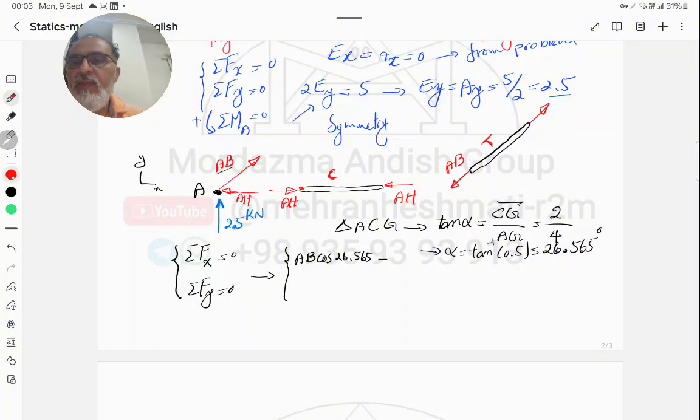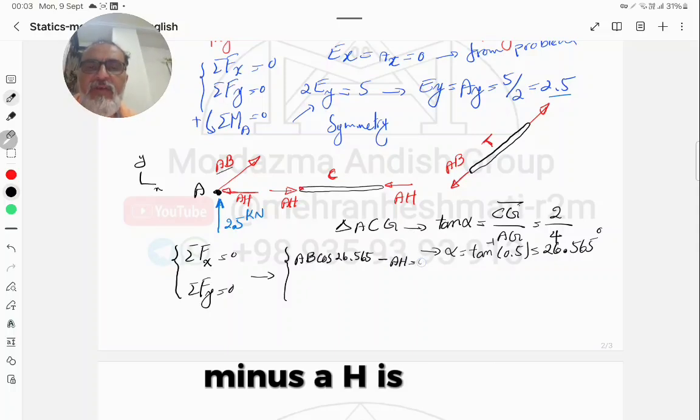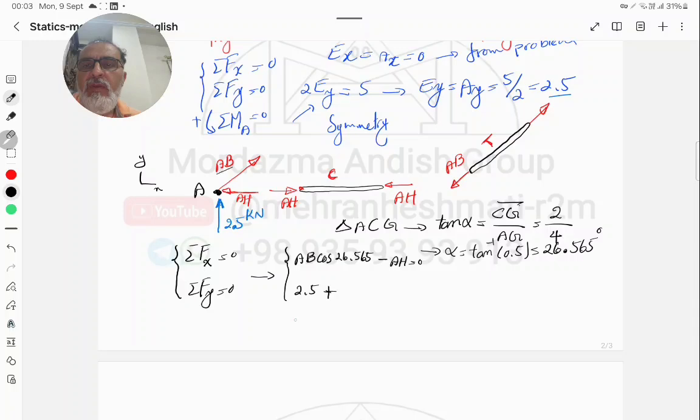This is AH, so minus AH is equal to 0. And in y direction, 2.5 plus AB sine of 26.565 is equal to 0.